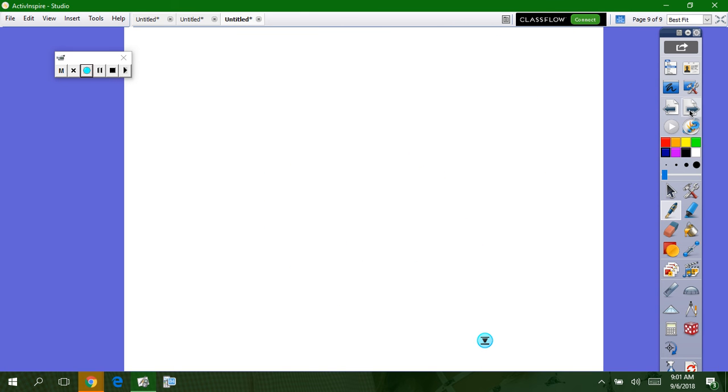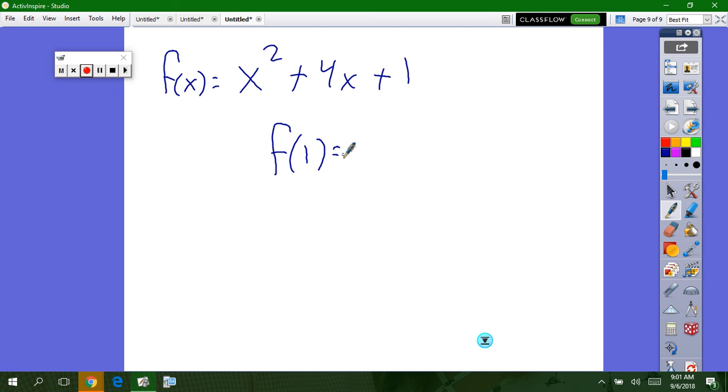So I'm going to write a whole new equation. Let's just do something we can see easily in our head. Do we all understand that if I plug a 1 in here, that becomes 1 plus 4 plus 1? So f of 1 gives me what? 6. You guys agree with me on that? Yes or no?